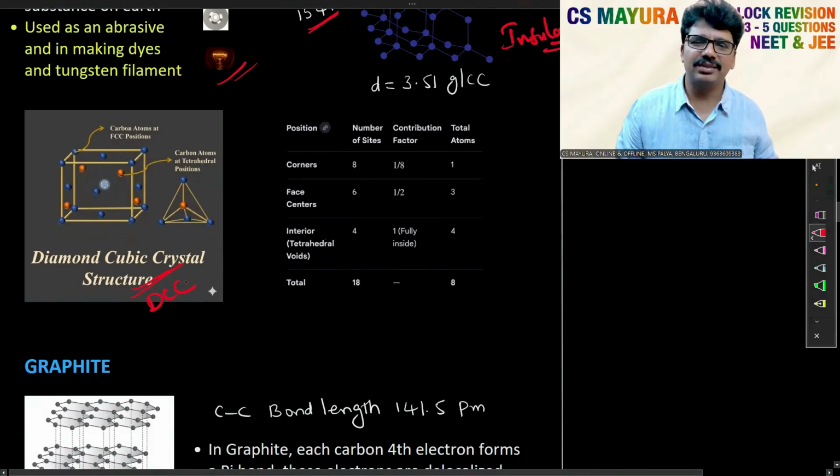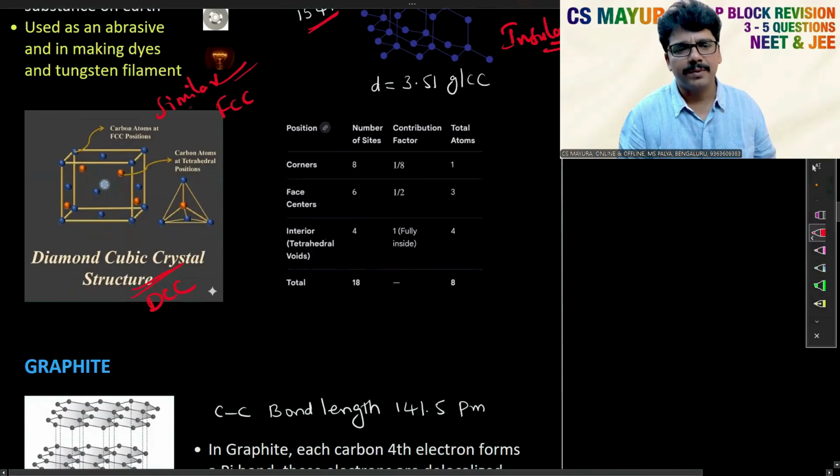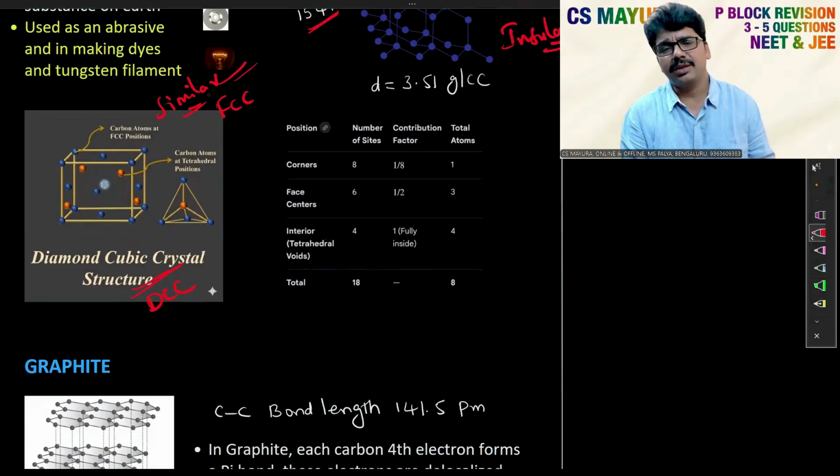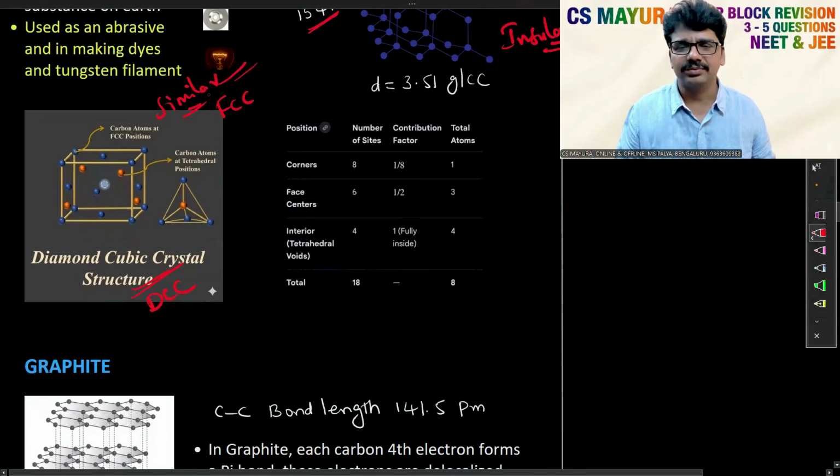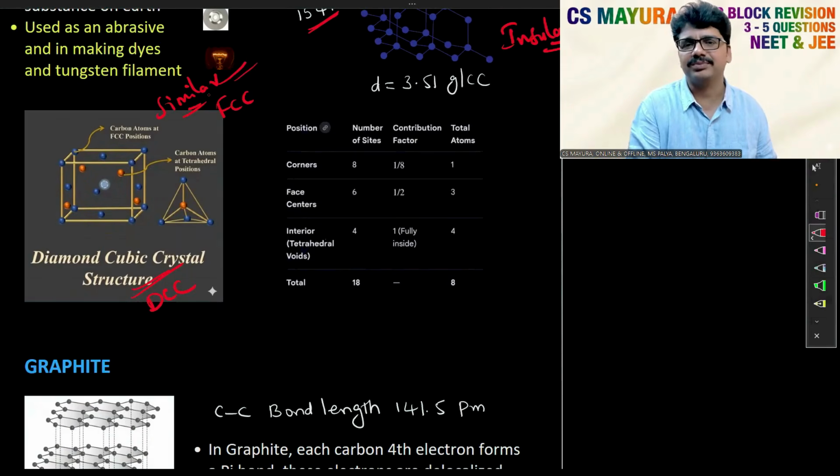What is this diamond cubic structure? It is similar to FCC. So what is the similarity with FCC? In FCC, the atoms are present at corners and face centers. In addition to the corners and face centers, in the case of diamond, half of the tetrahedral voids are occupied by carbons.